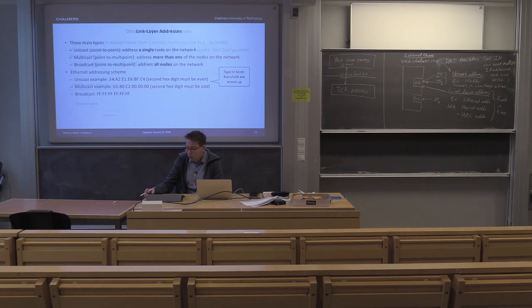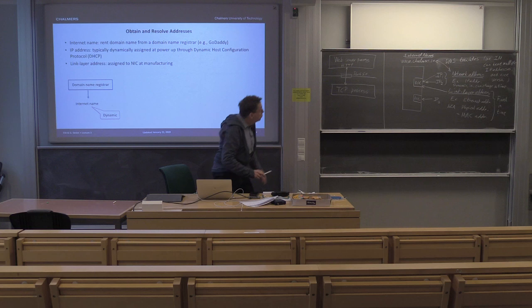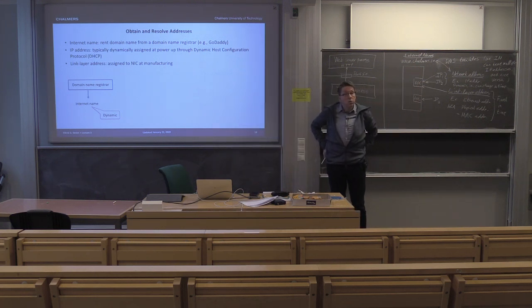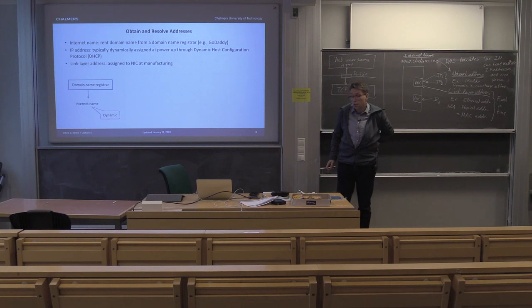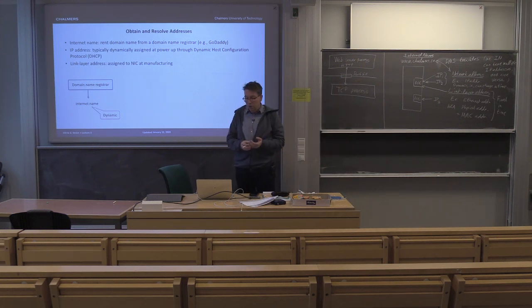Okay. So how to obtain and resolve, that is translate between these addresses. We know that we have an internet name. How did Chalmers get this? Well, basically Chalmers bought it or rents it. So you go to a special company called the domain name register and you say, hey, I would like to have this name.